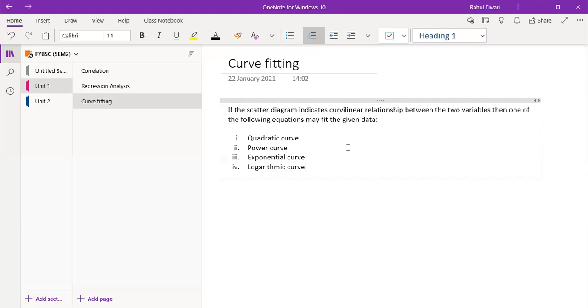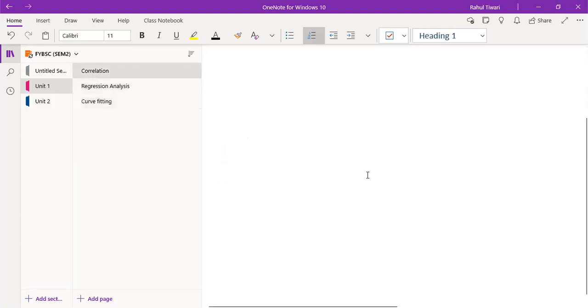Why? Because they may think that data actually follows regression analysis, that data is basically a straight line. They never fit the data.